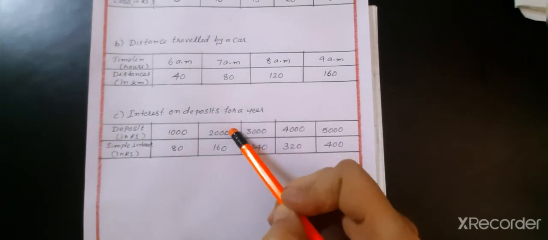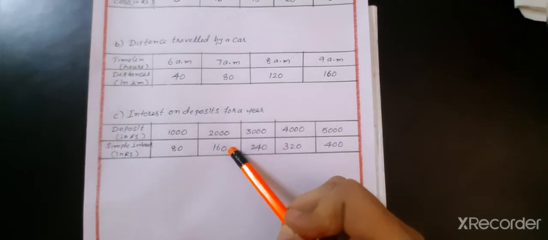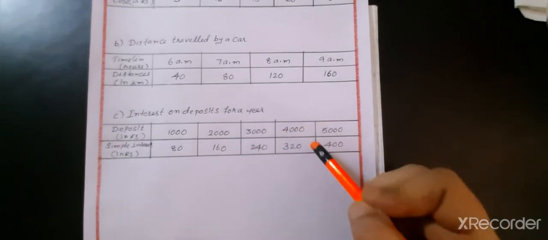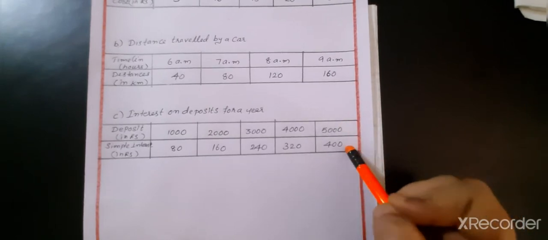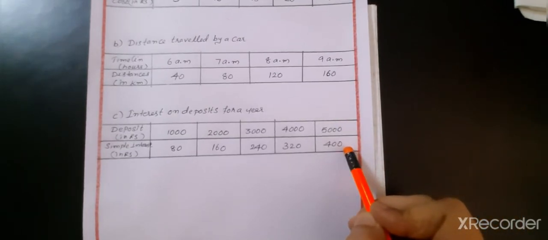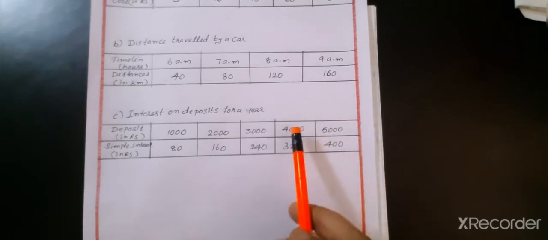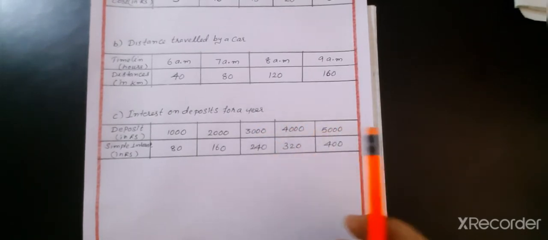If it is 2000 rupees, the interest will be 160. Same like that, 3000 means 240, 4000 means 320, and 5000 means 400. Now you should find the difference between these numbers. It is 1000 each.